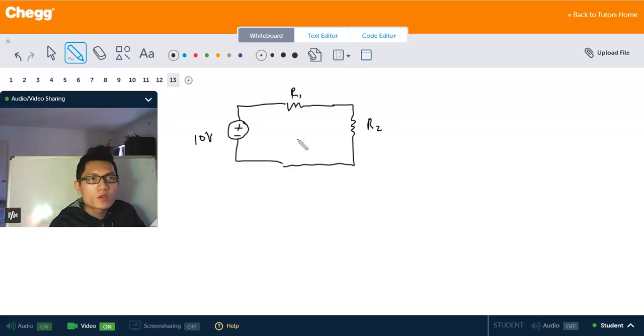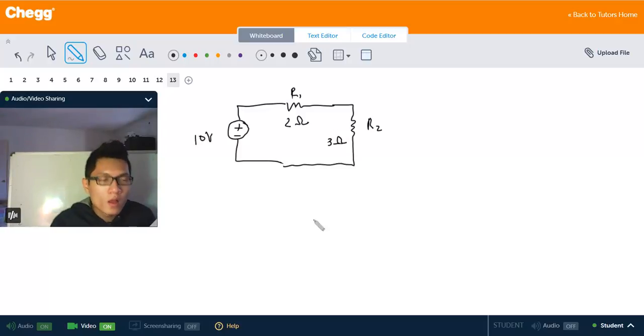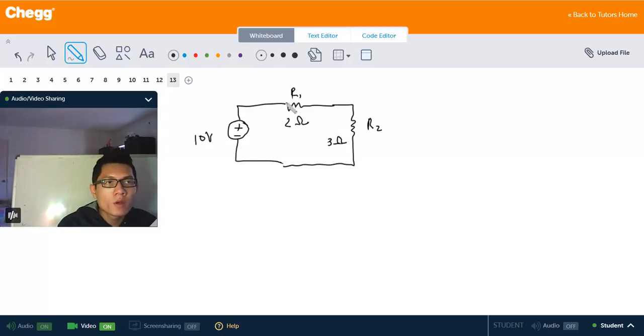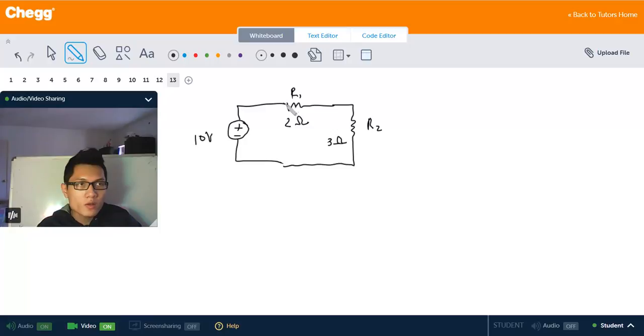We have the value of R1, for example 2 ohms, and R2, for example 3 ohms, and you want to find the voltage drop across R1. So this is V1 and this is V2.